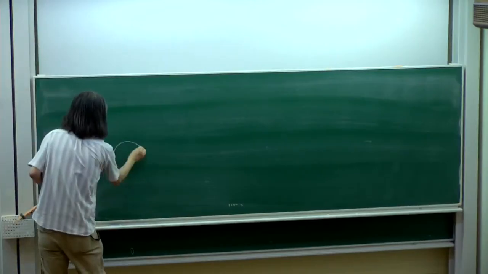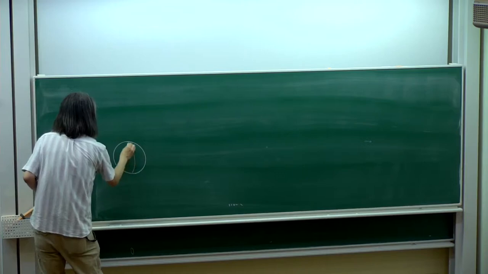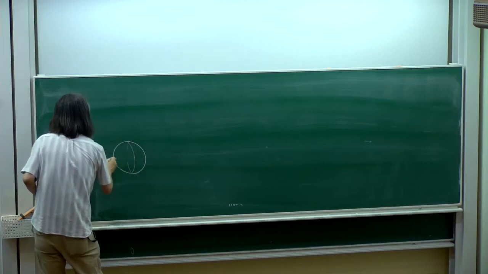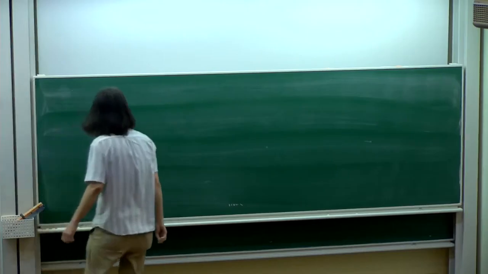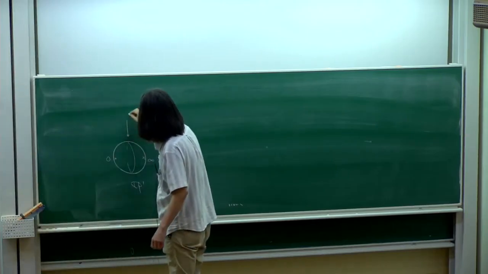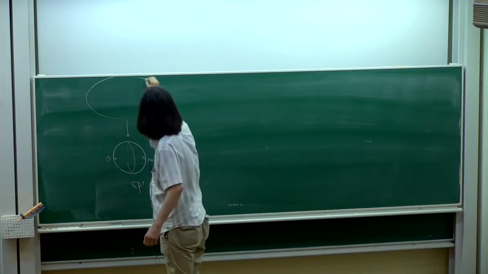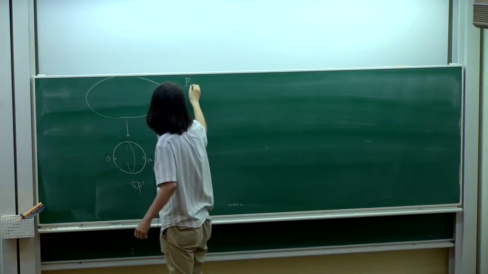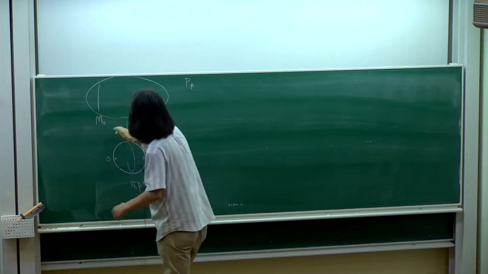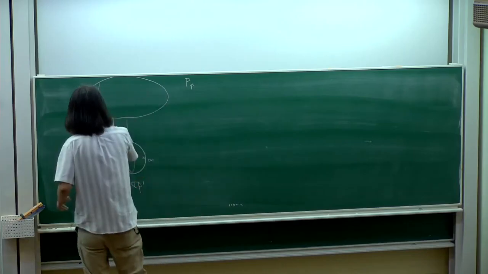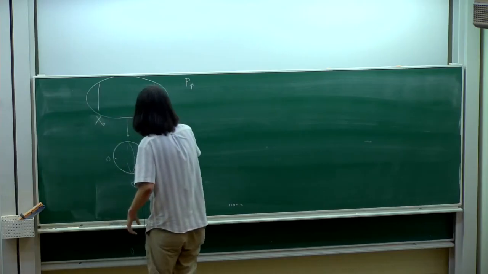So here you have maybe this 0 and infinity in CP1. And over here, we have this P phi, right? And here, I have a fiber like X0, sorry. I have another fiber, X1.